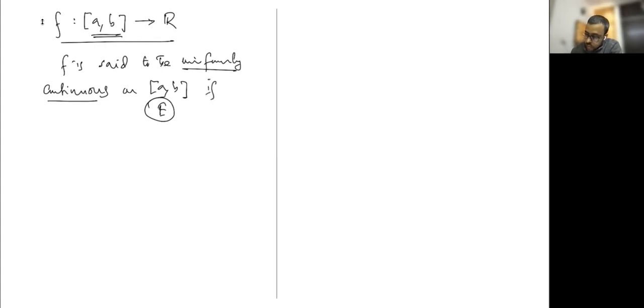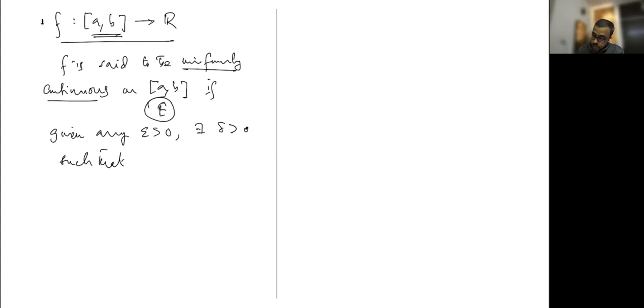f is uniformly continuous on E if, given any epsilon positive, there is a delta positive such that, so there's no base point specified here, no fixed point has appeared yet.